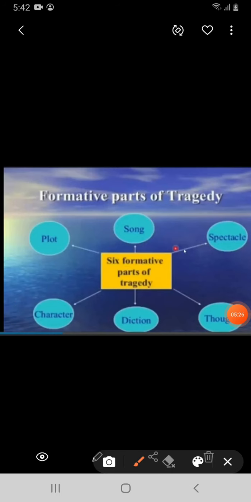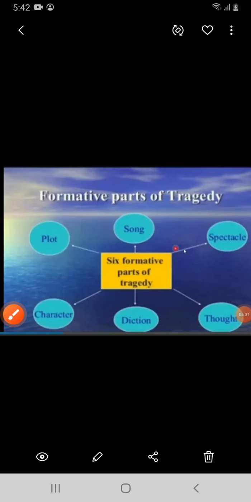And finally, spectacle is the mode of imitation. So these are the formative parts of tragedy, and they also tell us what different roles they perform in a tragedy.